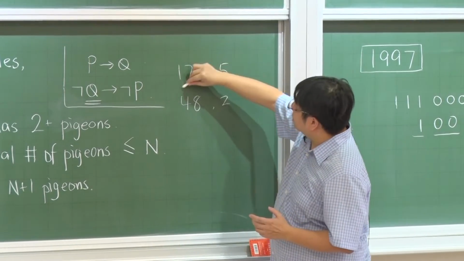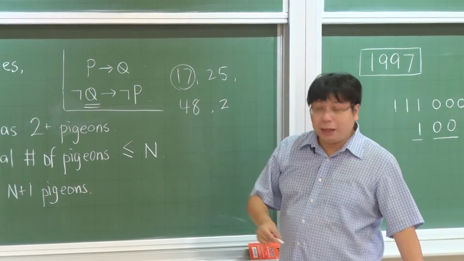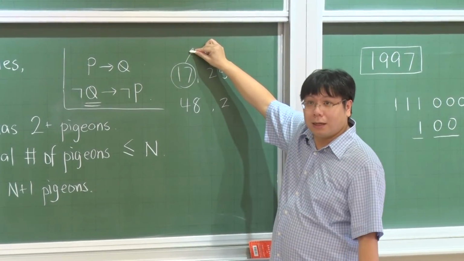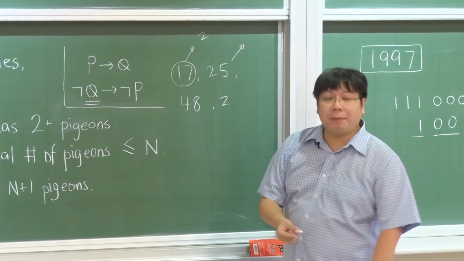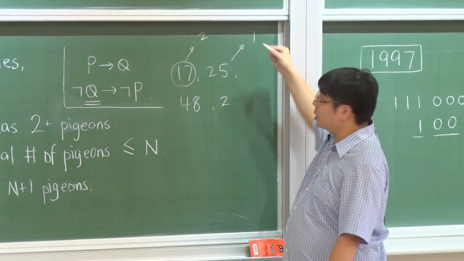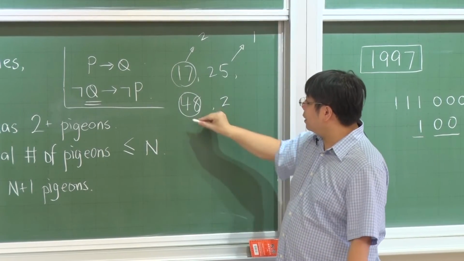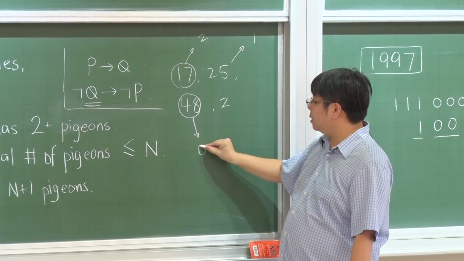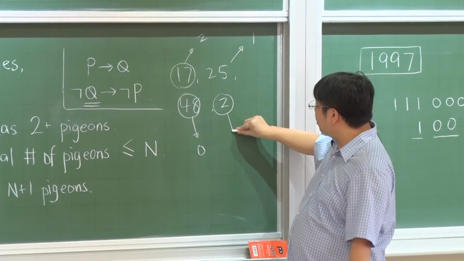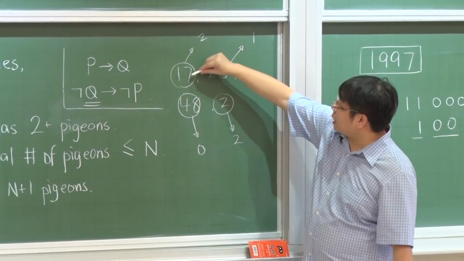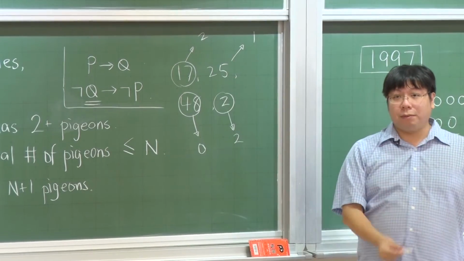And then we get the remainders. 17, if you divide it by 3, the remainder will be 2. 25, if you divide it by 3, the remainder will be 1. 48, if you divide it by 3, the remainder will be 0. 2, when you divide it by 3, the remainder will be 2. So you get 2 numbers or more with the same remainder.